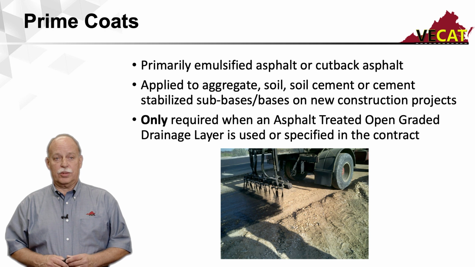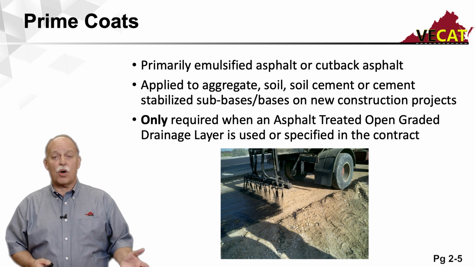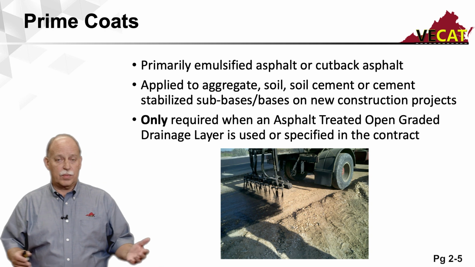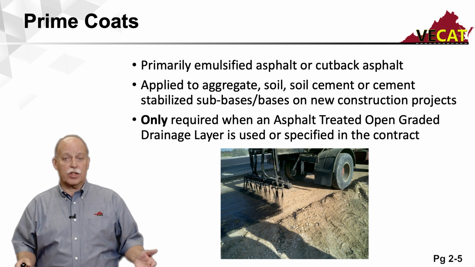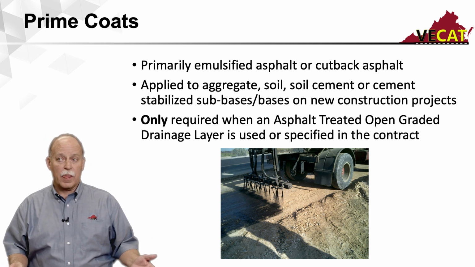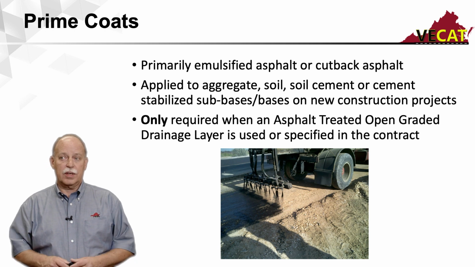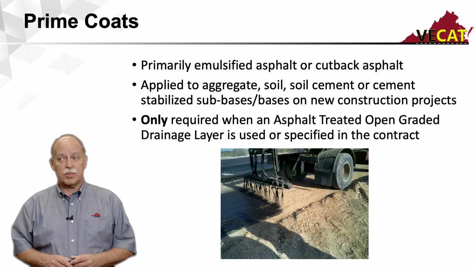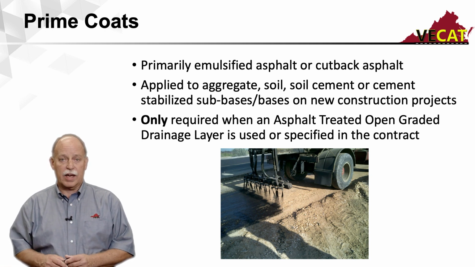Okay, prime coats. Prime coats are something that we used to talk about a lot, and we used a lot over the years. We used prime coats on almost all projects, say 20, 30 years ago. Now they're a little more specific, but prime coat is basically an emulsified asphalt. Sometimes it's a cutback asphalt, but we see fewer and fewer uses of actual cutback asphalts.